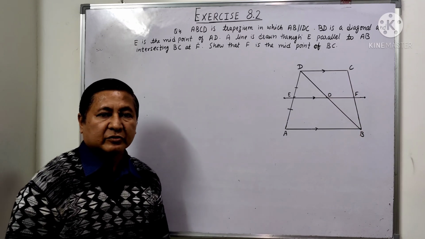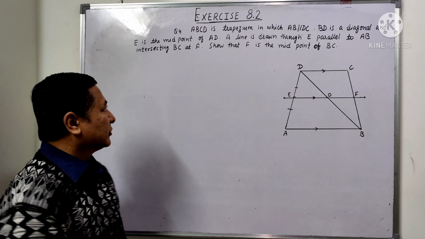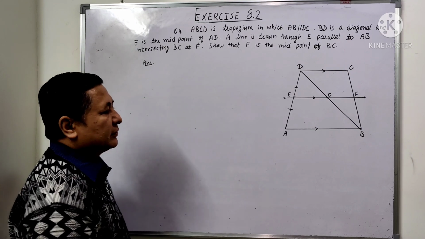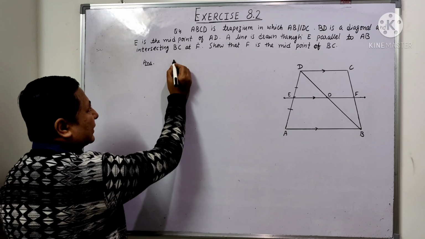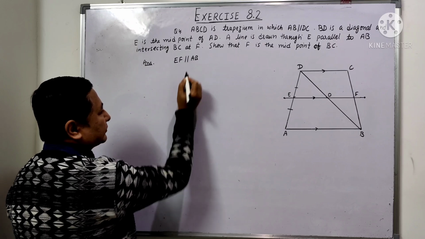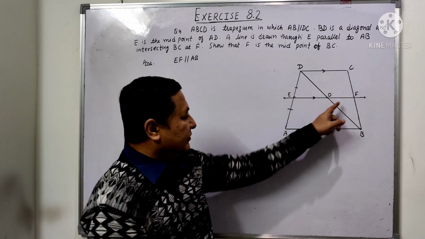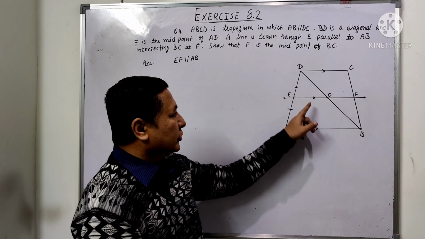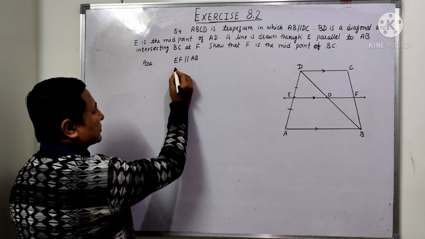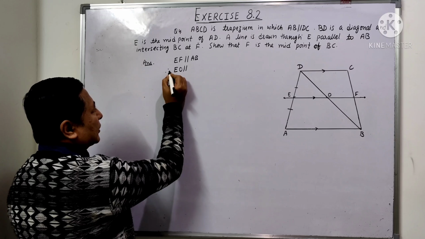Now we will be using the converse of midpoint theorem to solve this question. In the question it is given that EF is parallel to AB. So EO will also be parallel to AB because a part of a parallel line is also parallel.